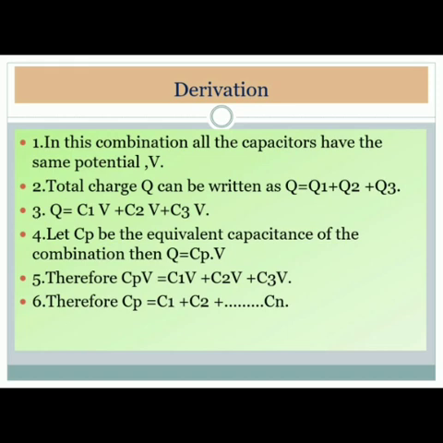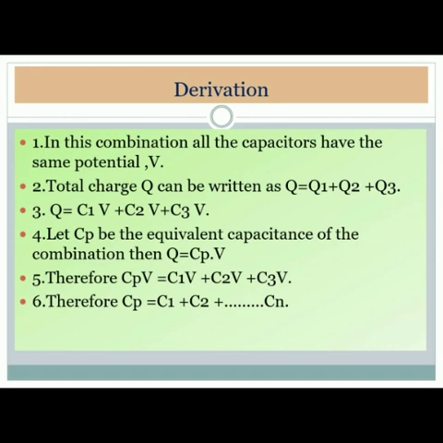As we know, the charge is the product of capacitance and the potential difference across the two plates. If I take Cp as the equivalent capacitance of the combination, then my charge is given by Cp multiplied by V. Therefore, the capacitance in parallel multiplied by V is written in the substituted form as C1V plus C2V plus C3V.